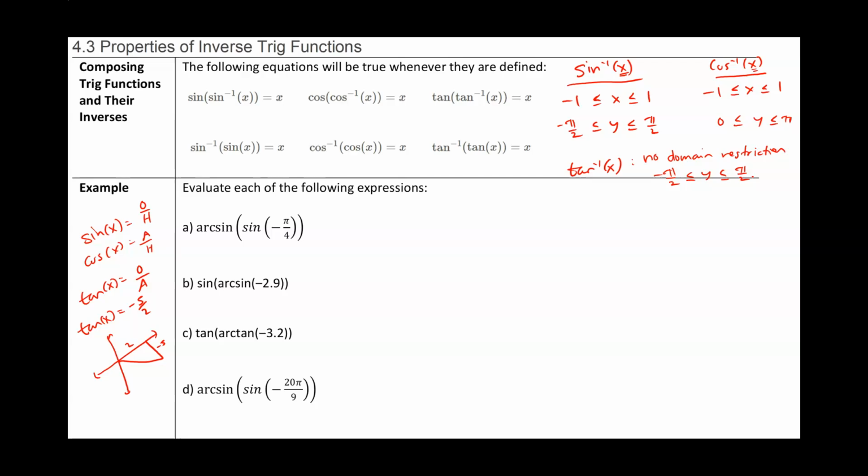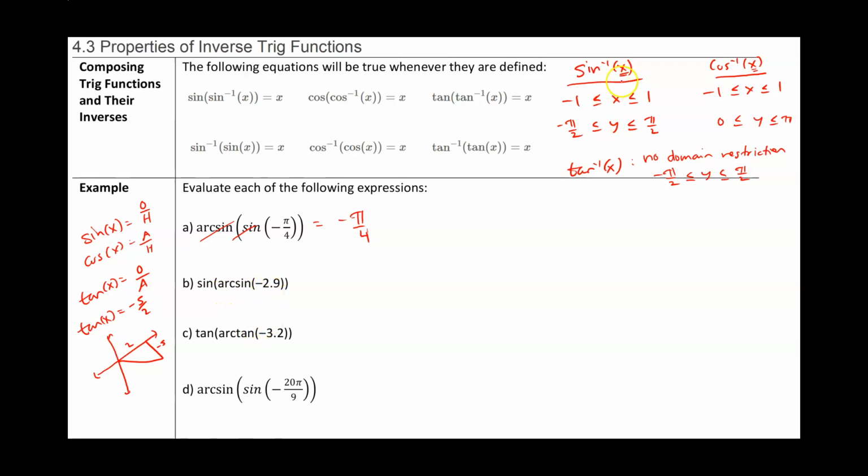All right, so let's take a look at the first one. Arc sine is the same thing as inverse sine. Inverse sine of sine of -pi over 4 is just equal to -pi over 4. Make sure the output is between -pi over 2 and pi over 2, which it is, so this is good. We have sine of the inverse sine of -2.9.